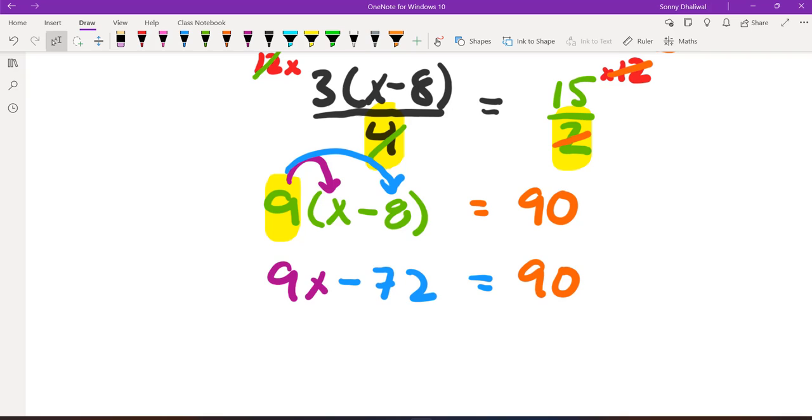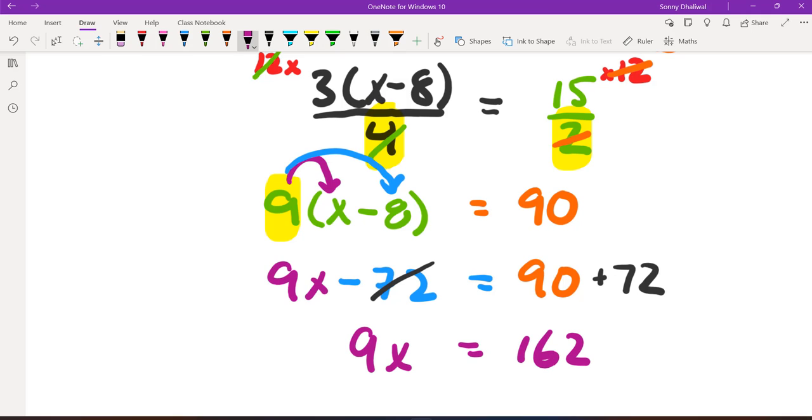We go to solving. So we look on the side of the variable, we got a 9x, we got a 72 sitting there. Which one do we move over first? 72. How does it look on the other side? Plus 72. We get rid of this 72, we write down the opposite on the other side. So we have a 9x sitting here, and 90 plus 72 would be 162.